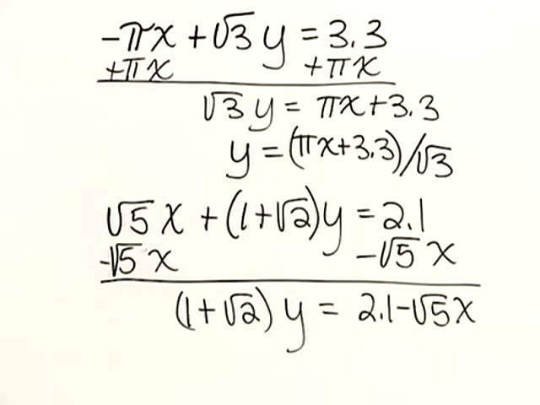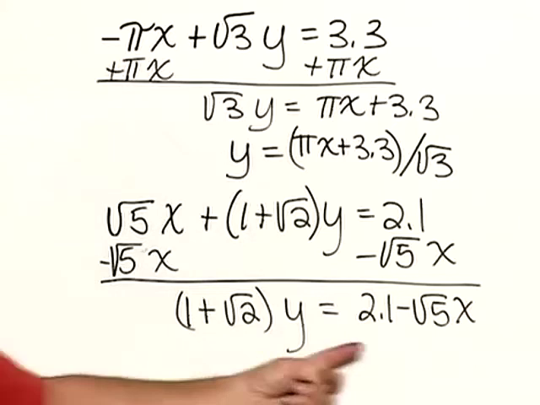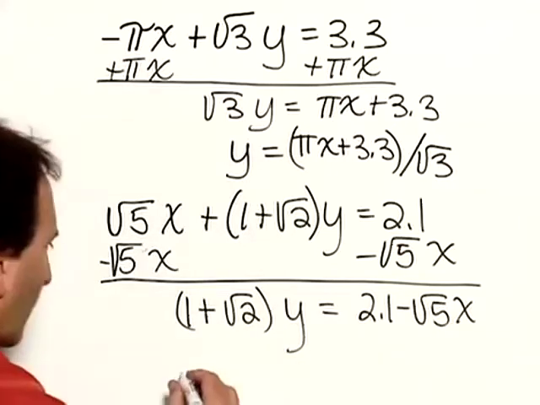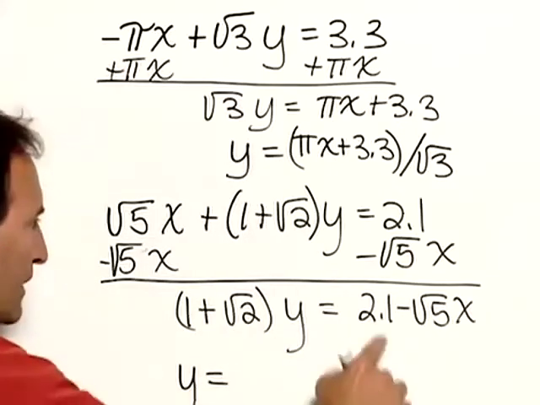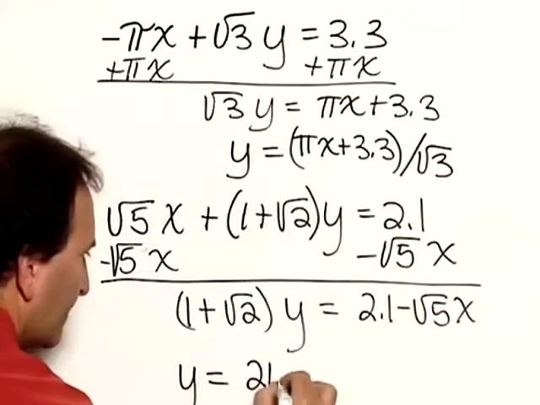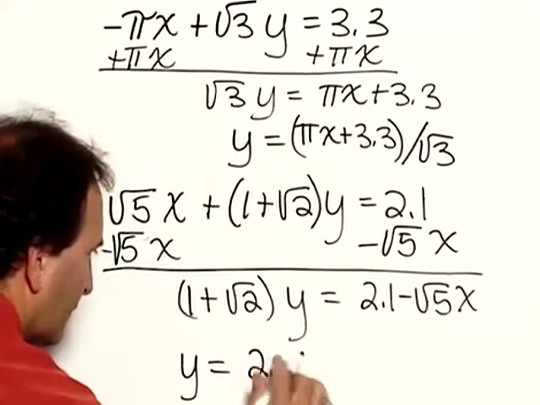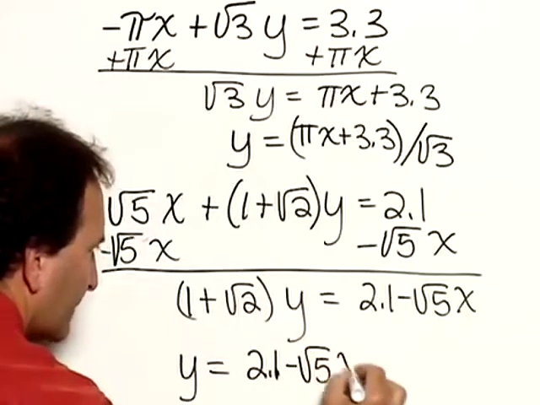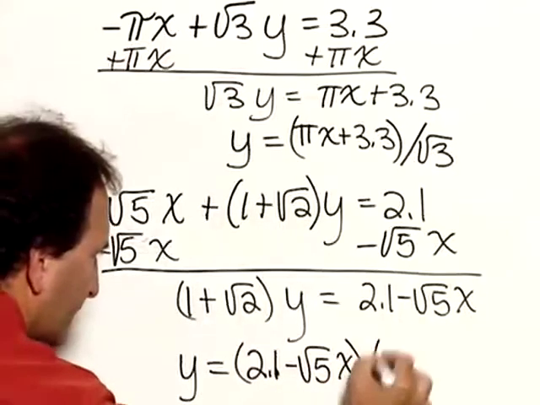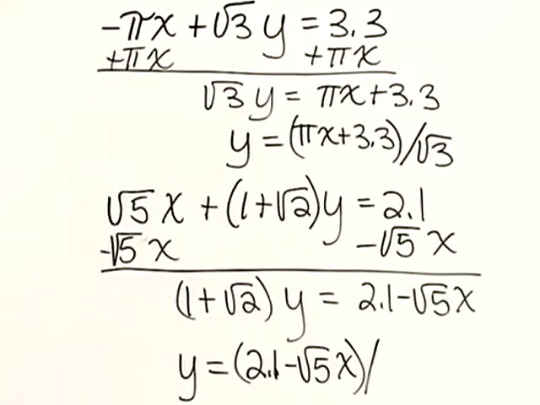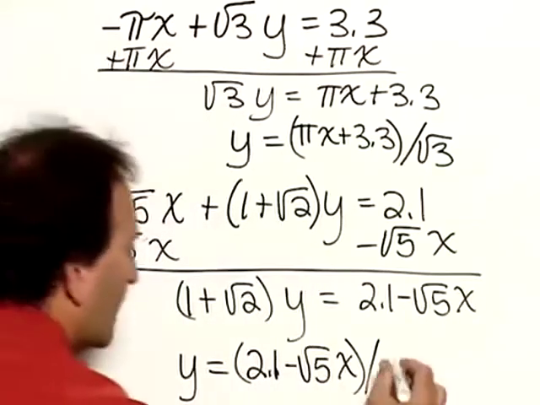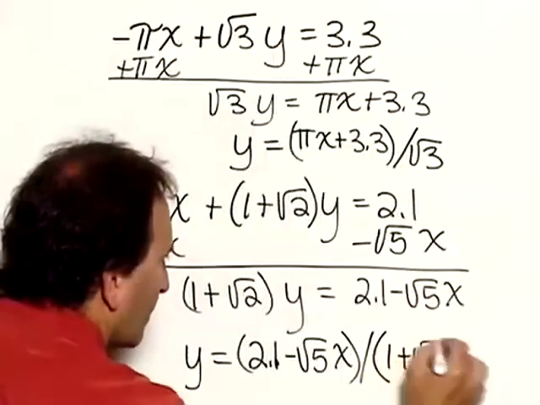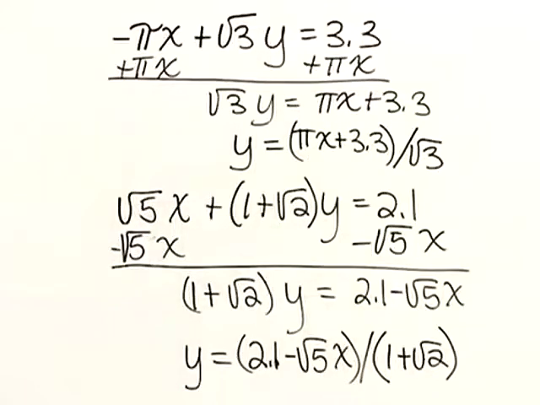Now again, we've got to divide by this coefficient on both sides. When I write out this equation, I'm going to put 2.1 minus the square root of 5 times x in parentheses, the diagonal slash, since that's what we'll have on the calculator, and then in parentheses, 1 plus the square root of 2.